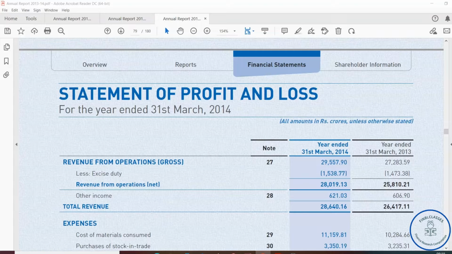When we talk about the financial statements, the company normally showcases its performance through them. We call them the profit and loss account, balance sheet, and cash flow statement.